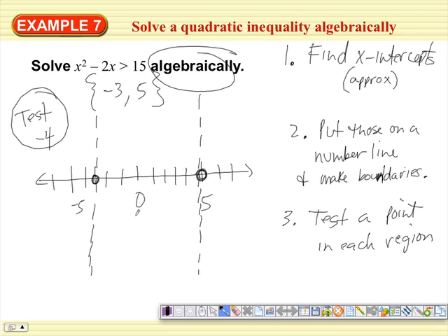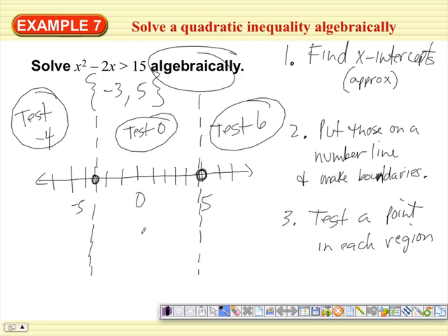What would you test? 0. Okay, in the middle, we're going to test 0. On the end, we're going to test 6, 7. Doesn't matter. Either one.